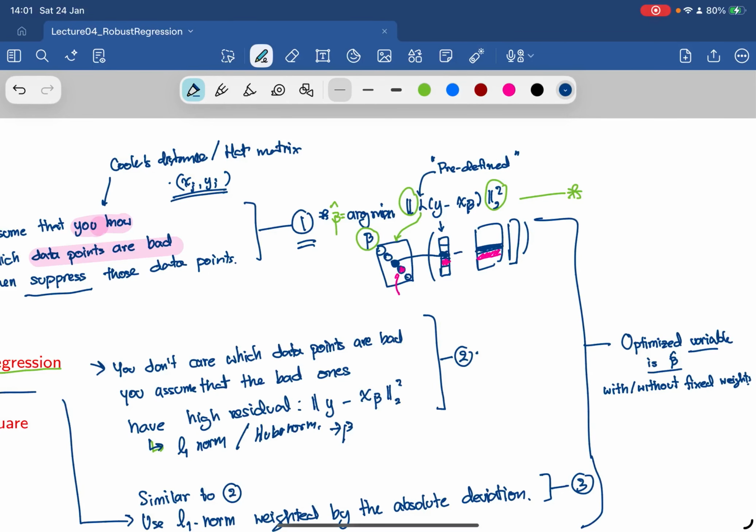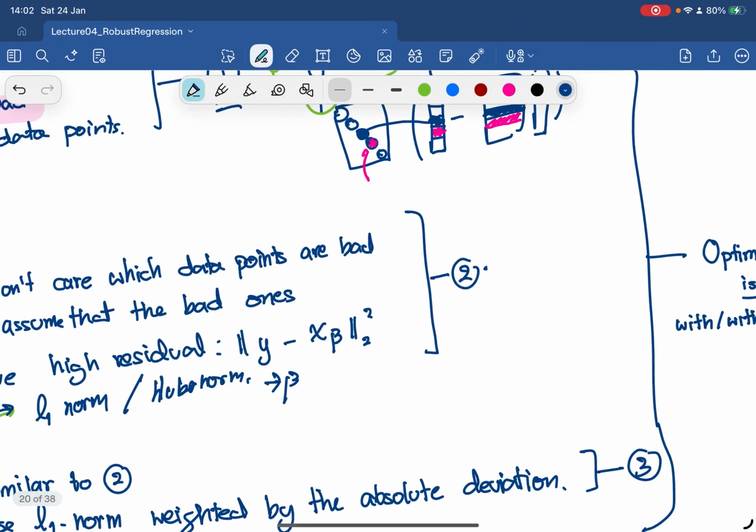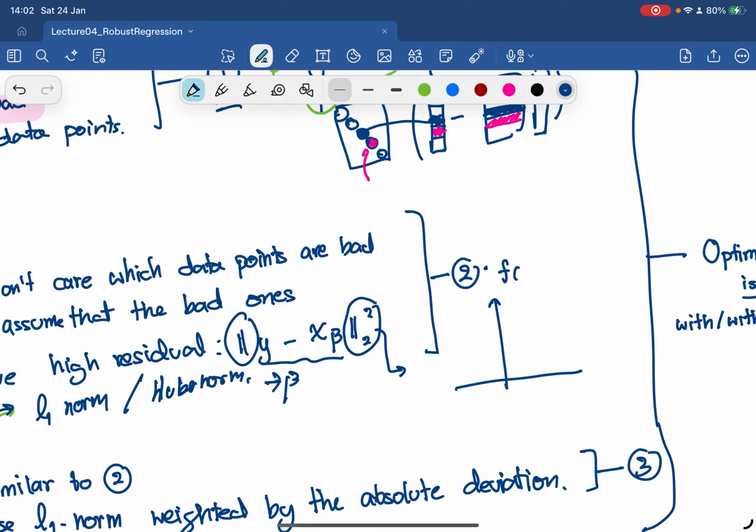The reason for that is if you think about the least square error, the L2 norm will tend to emphasize when the value of the residual is large. For example, if you think about plotting f of x where f is the square function of x, you know that if x is 1, this is 1.